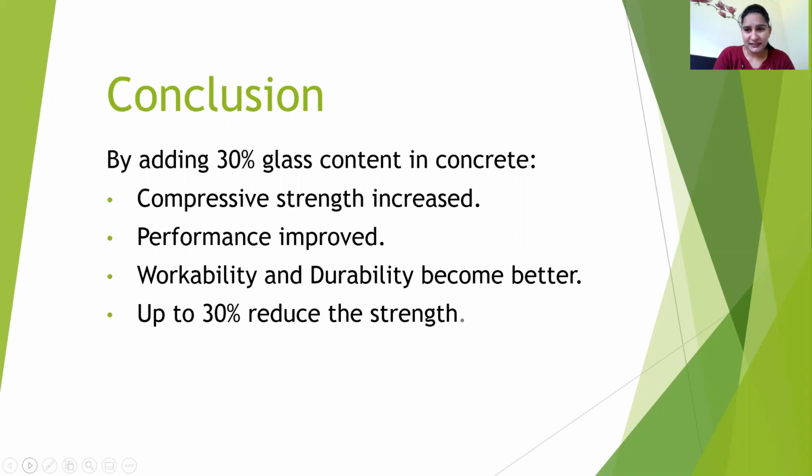Overall, by performing these tests and researching all the materials and all the properties, I investigated that if we add a 30% or between 20 to 30% glass content in any concrete, or replace fine aggregate with it, we can attain a good improvement in strength.